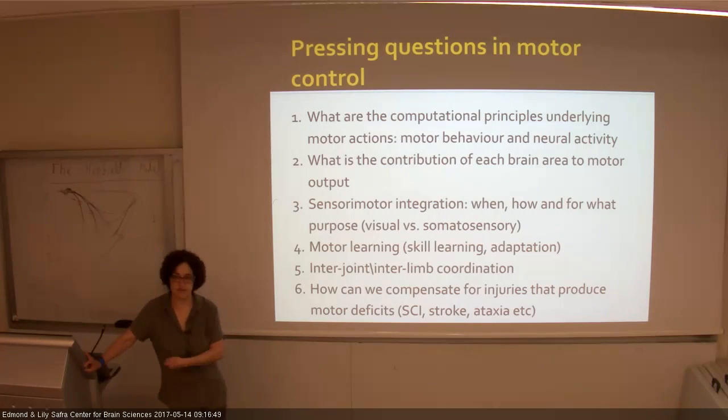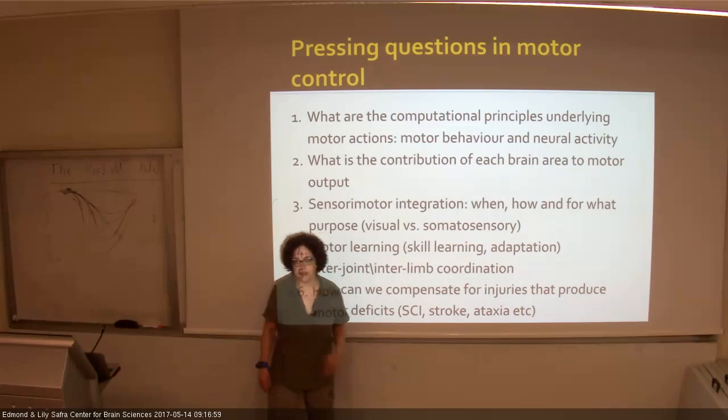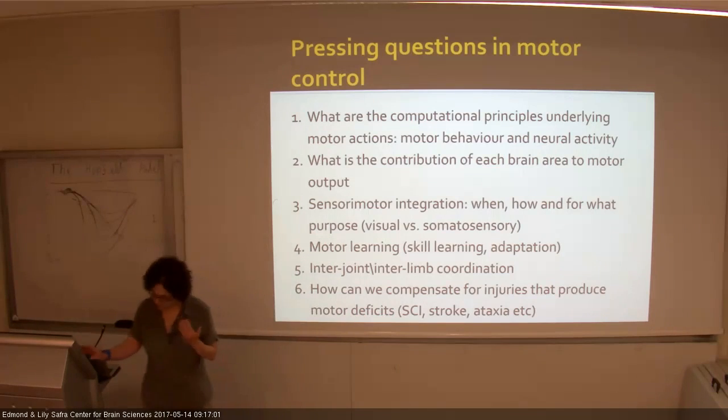These impairments can range from a very limited motor deficit to severe motor impairment. Spinal cord injury, if it's high enough, can produce complete quadriplegia, right? The complete loss of ability to move in all limbs, lower and upper limbs.